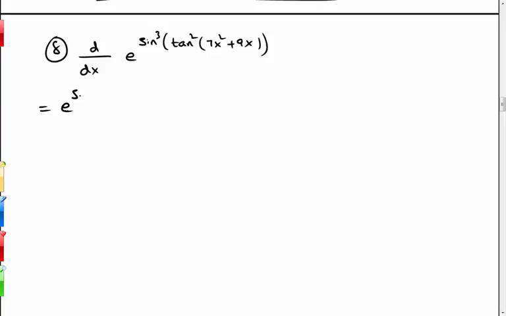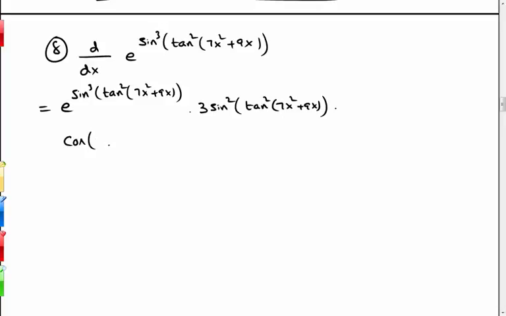I think this is going to be e to the sine cube of tangent square of 7x square plus 9x times 3 sine square of tangent square of 7x square plus 9x times cosine of tangent square of 7x square plus 9x.